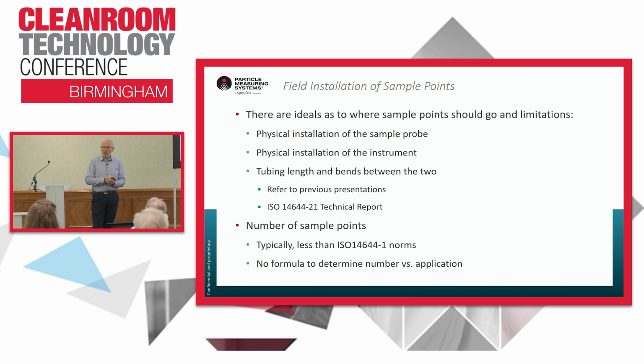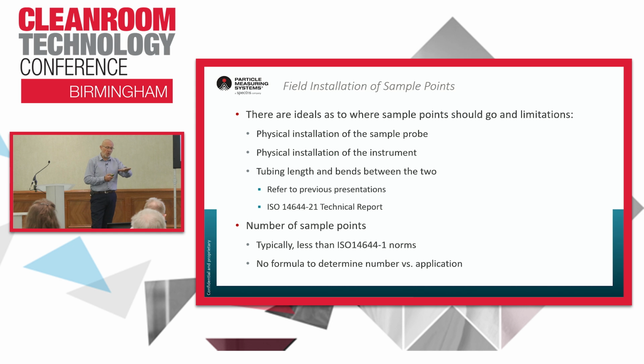Physical installation of the instrument, so the size of the instrument, particularly when we're on filling lines. There's a lot of equipment in that technical area underneath the fill line, and everybody's fighting for space for their equipment, and we want to get this in the right position, and that helps us with the tubing length and the number of bends and things like that as well.